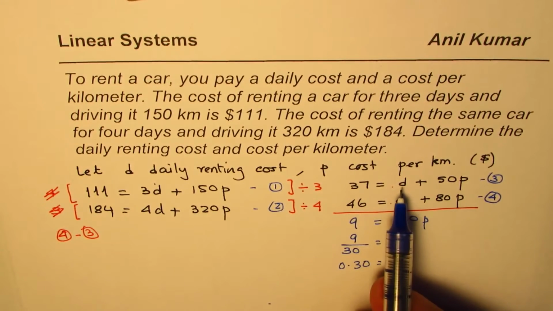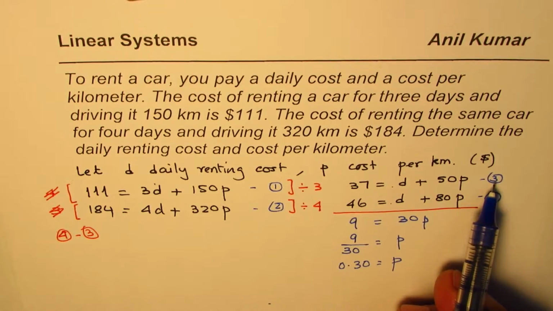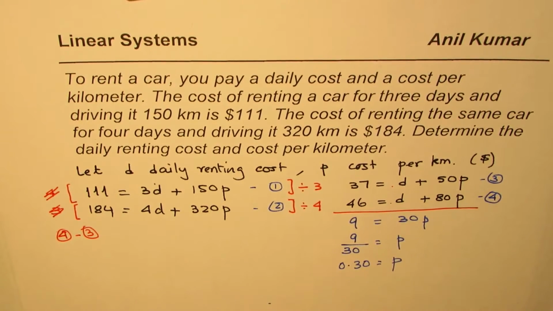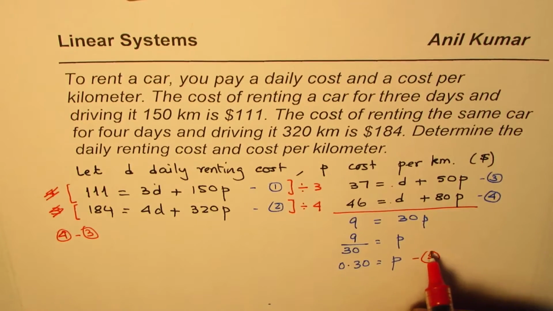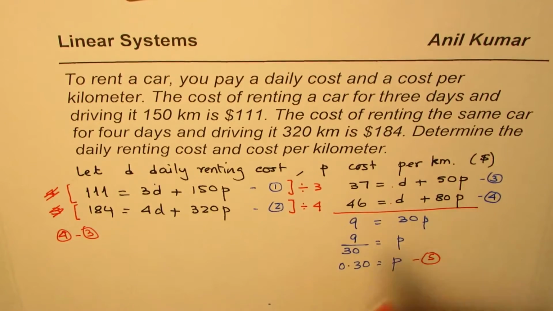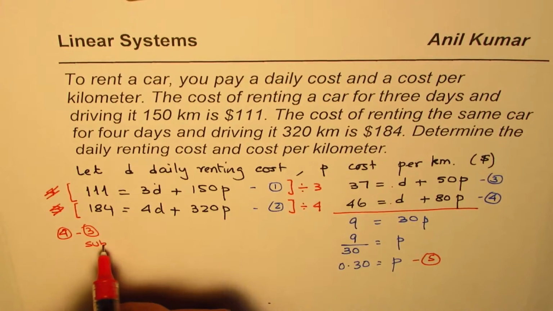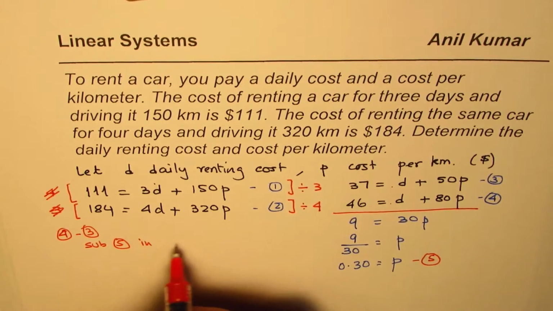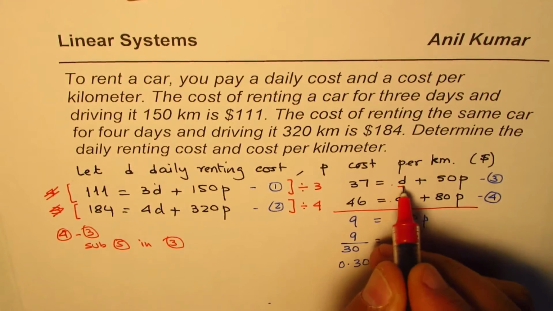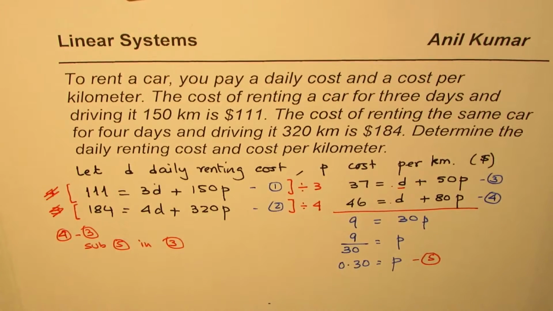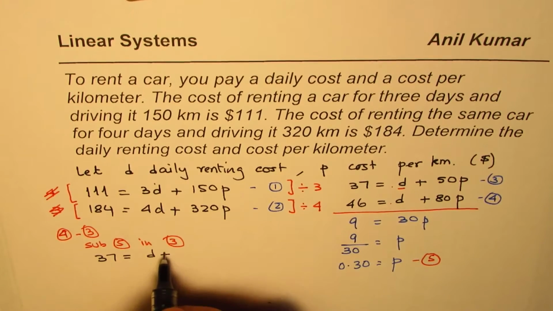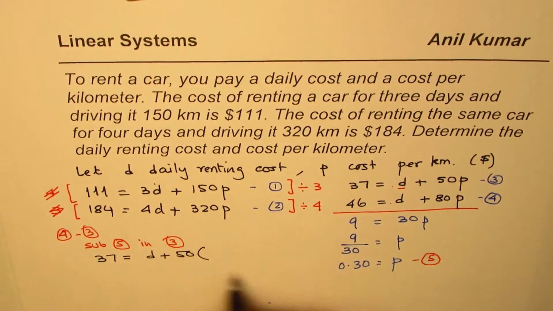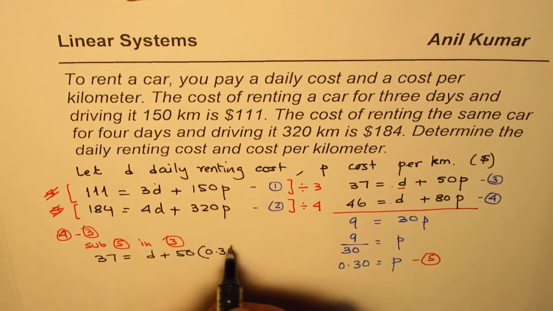To find the daily rate, we can call this equation number 5 and substitute it in equation 3. So what we get is 37 equals D plus 50 times 0.30.